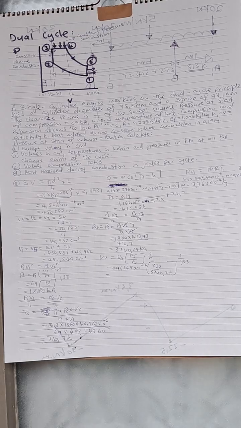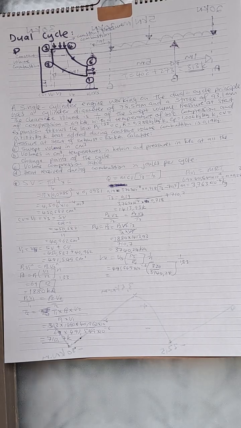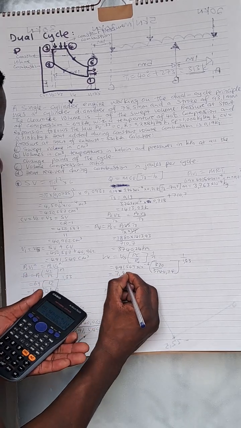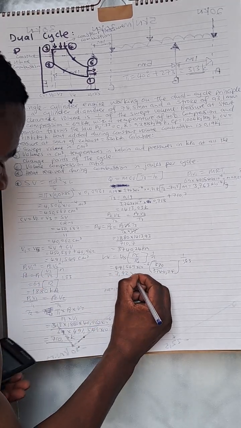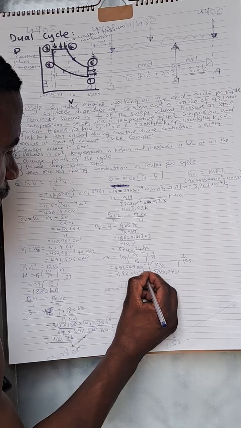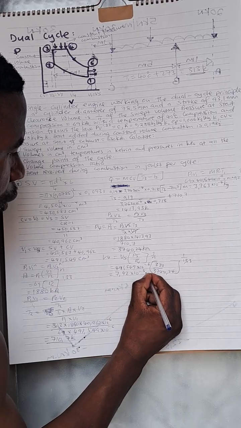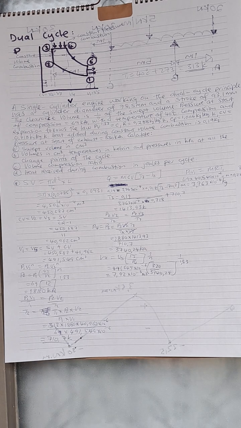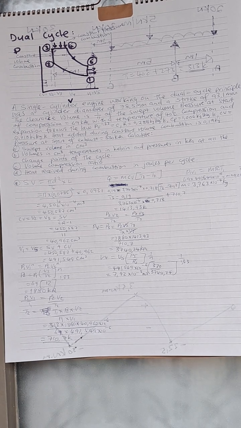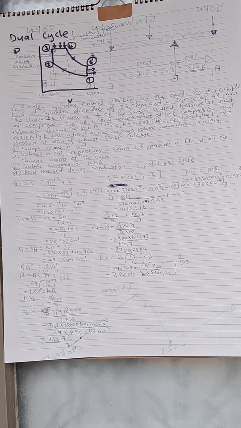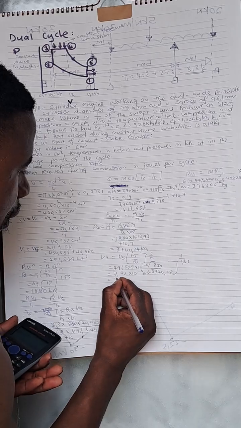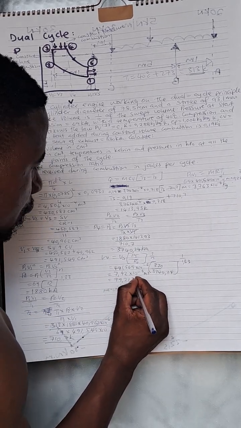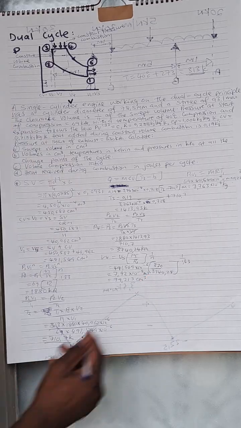So I'm getting my V4 as 7.92 times 10 raised to the negative 5 cubic meters. So you need to multiply it again by 10 to the power of 6, which becomes 79.213 centimeter cubed.